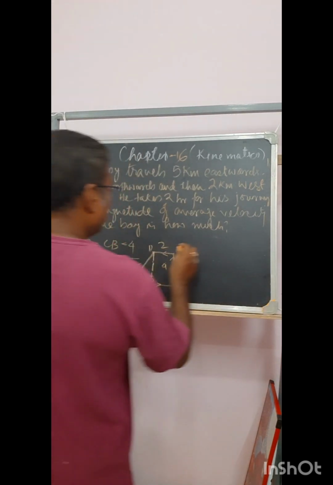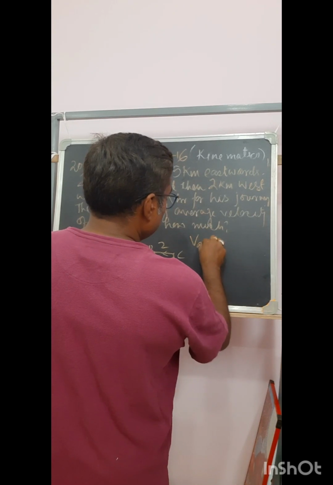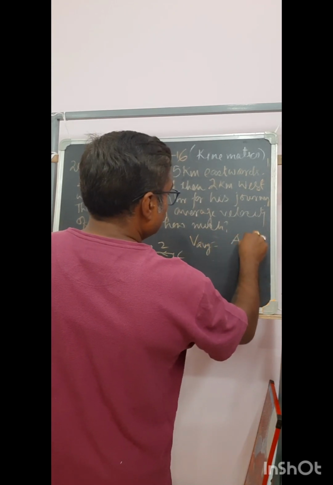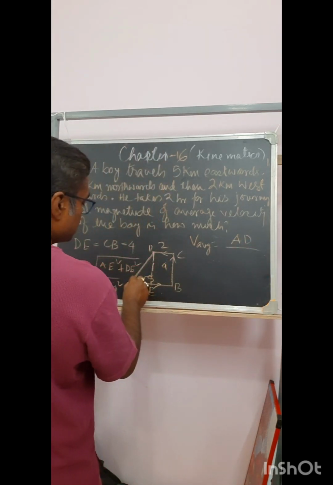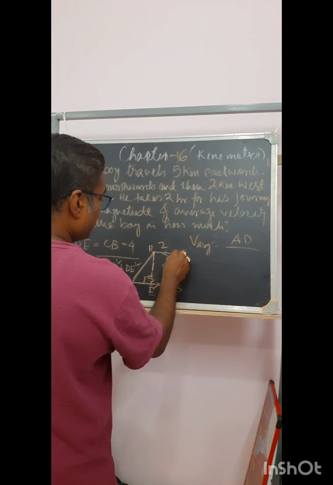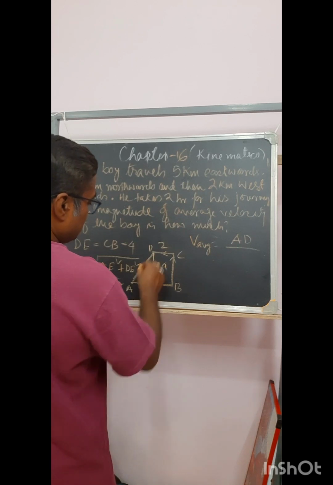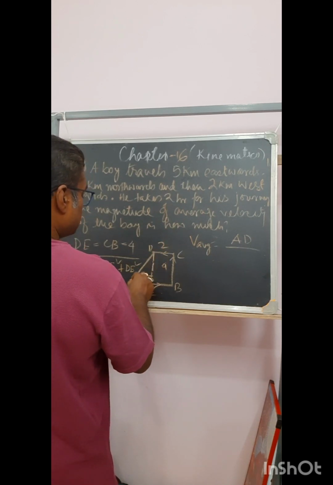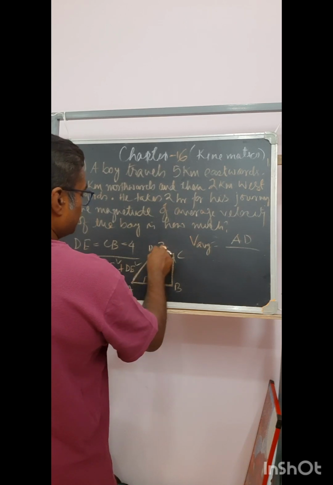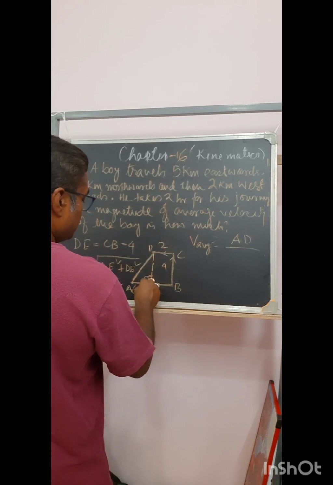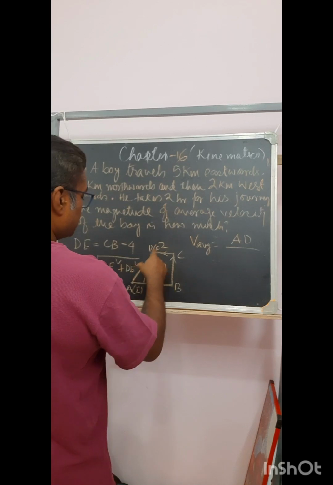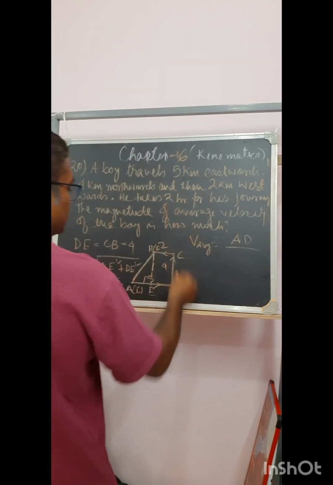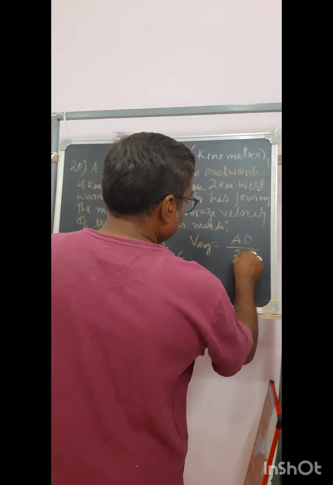So now you have got the value of AD. Average velocity is equal to AD divided by the total time. The same time has to be considered for this displacement, because it is the result of the initial position and final position, and the shortest distance is AD, and the time taken is 2 hours.